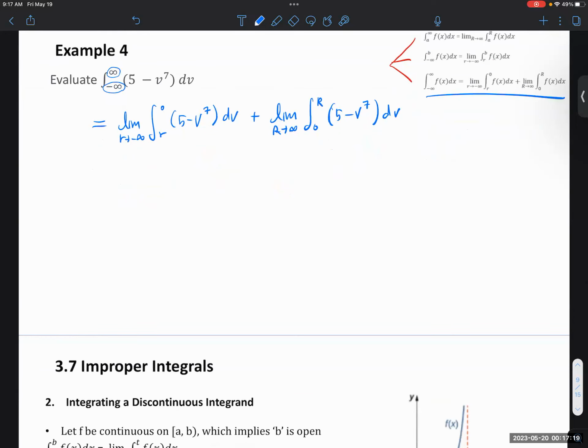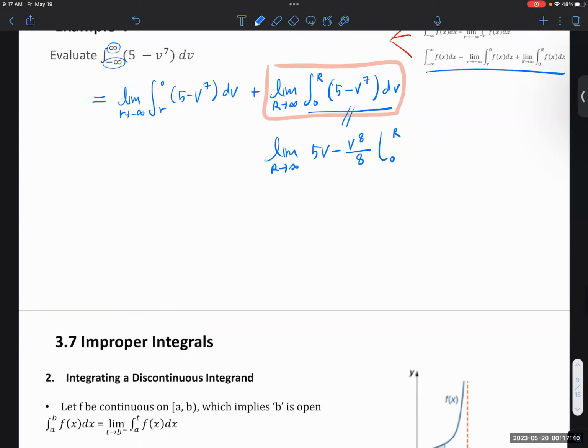So here, I'm going to work on this second part first. Let's see what we're going to get. First, we take the integral, right? So the integral part, we're going to get 5b minus b to the 8 over 8, correct? From 0 to r, and then we take the limit. Let's calculate it. This is capital R minus capital 0.